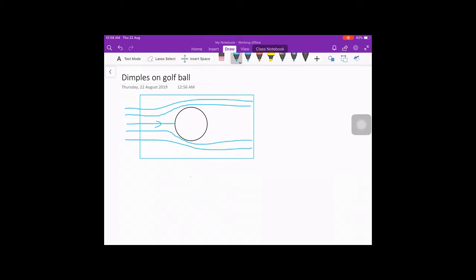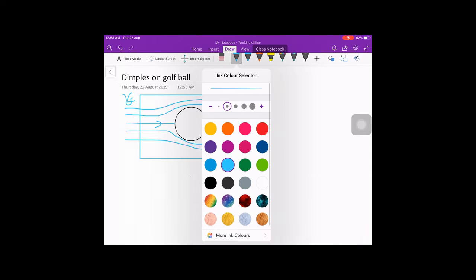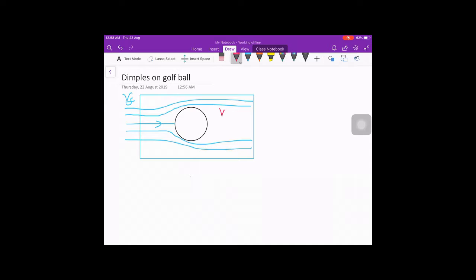Let the flow velocity ahead of the ball be Vf and behind the ball be Vb. Similarly, let the pressure ahead of the ball be Pf and the pressure behind the ball be Pb. The velocity behind the ball is greater than the velocity ahead of the ball.